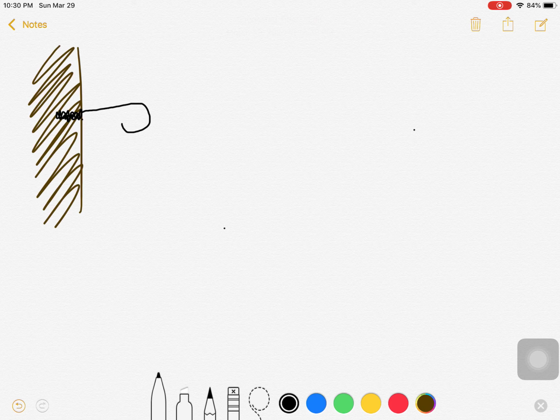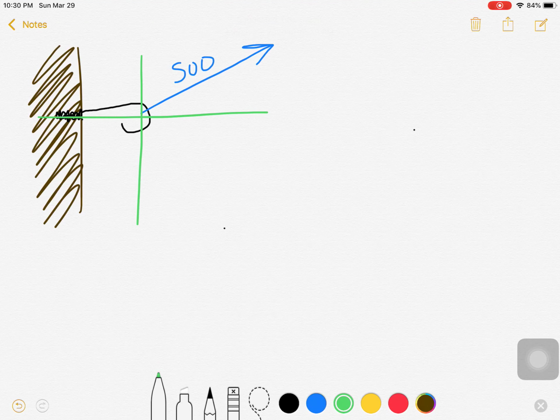Let's imagine there's several things pulling on this eyelet. Let's say the first one is pulling with 500 pounds of force, and it's pulling 20 degrees counterclockwise of the positive x-axis.